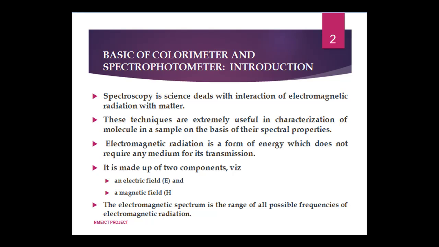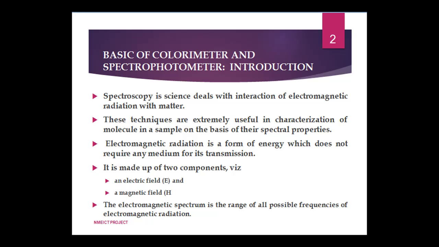Electromagnetic radiation is a form of energy which does not require any medium for its transmission. It is made up of two components, an electric field and a magnetic field, which continuously oscillate in space perpendicular to each other and to the direction of propagation.